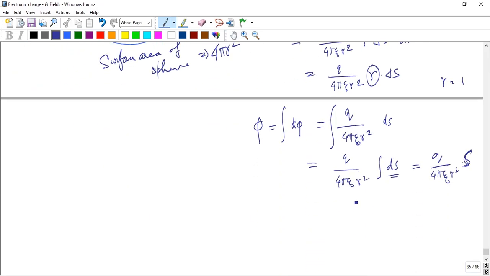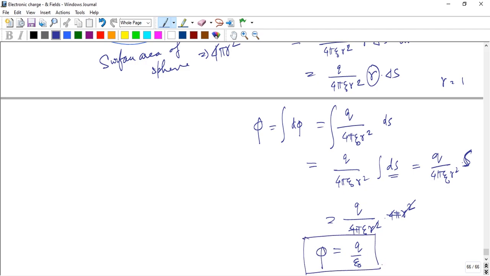The r square cancels, 4 pi cancels, so finally we get Q by epsilon naught equal to phi. That is Gauss's law.